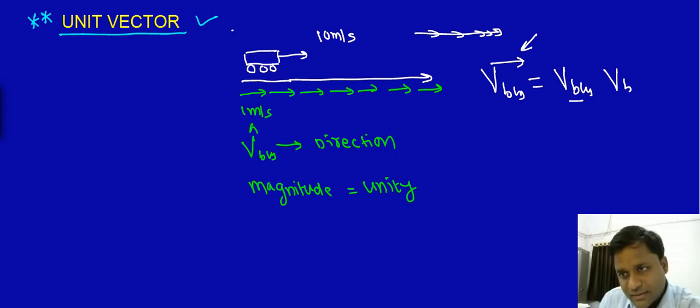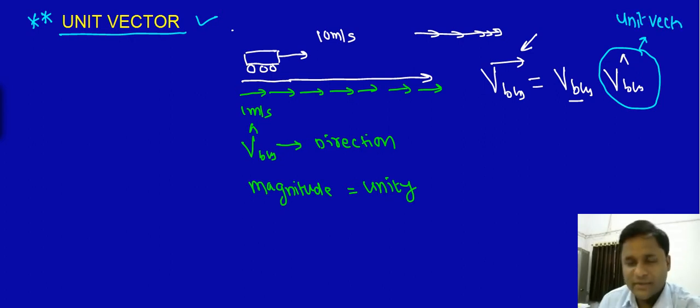So v bus cap is called the unit vector. If any magnitude is multiplied by a unit vector, the unit vector represents the direction of the bus or any quantity. The bus is moving from left to right, and the unit vector has the same direction with a magnitude of 1.